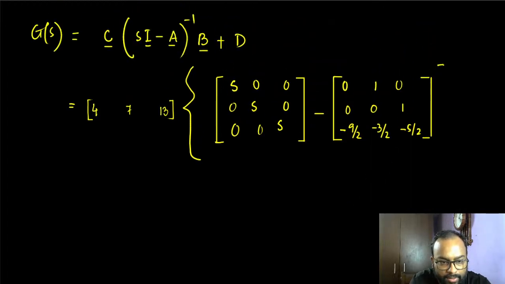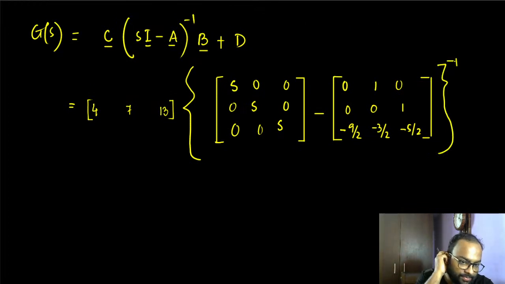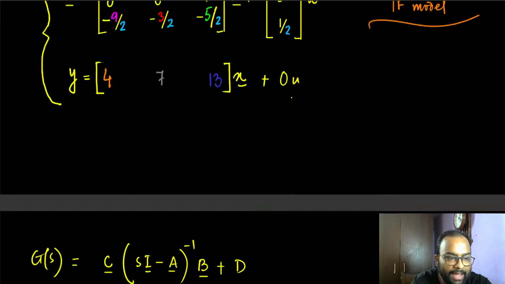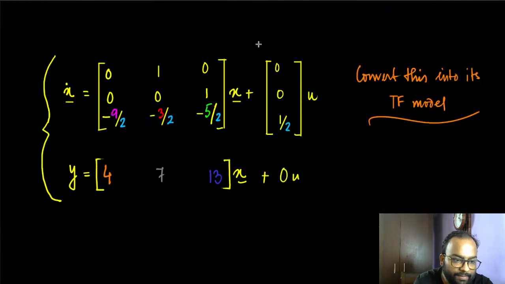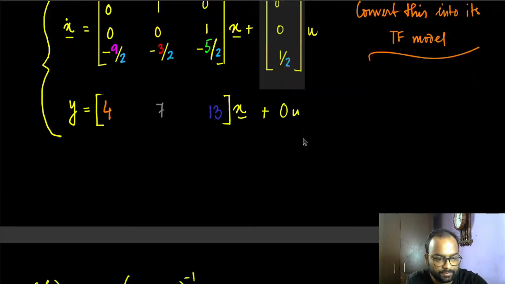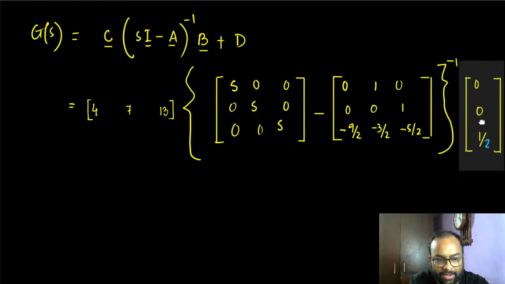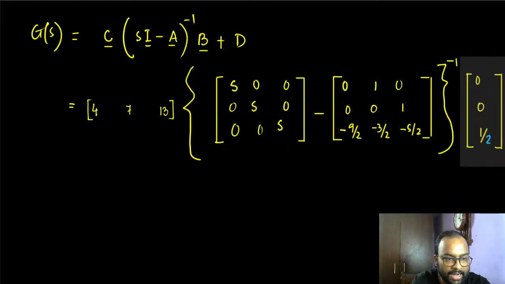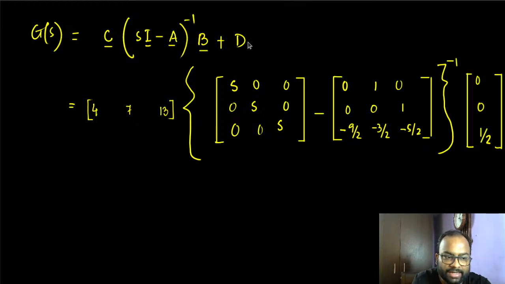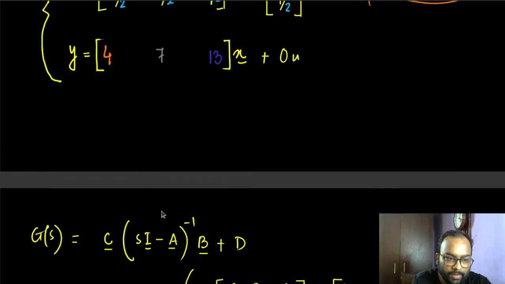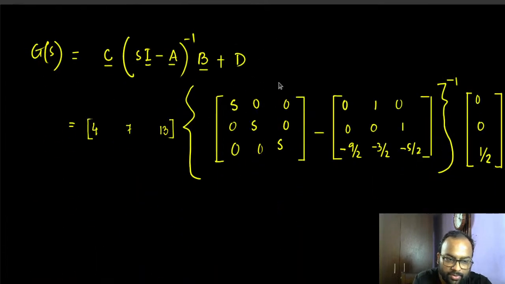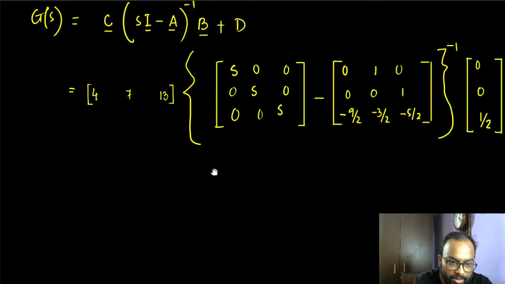All right, and you want the matrix inverse of this, and then multiply that with matrix B. So (sI minus A) whole inverse, and then multiply that with matrix B. So that completes that. And obviously D is 0, because here we see D is 0, so I don't write anything plus here.